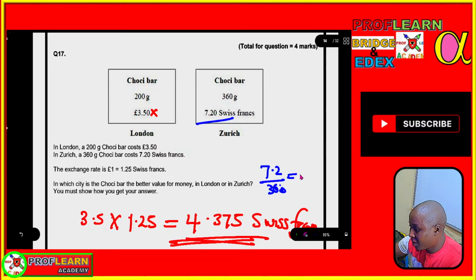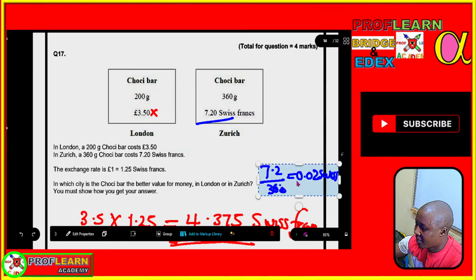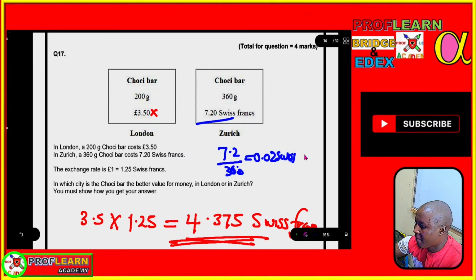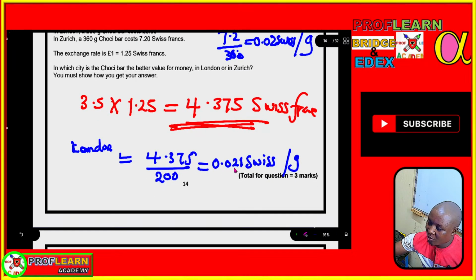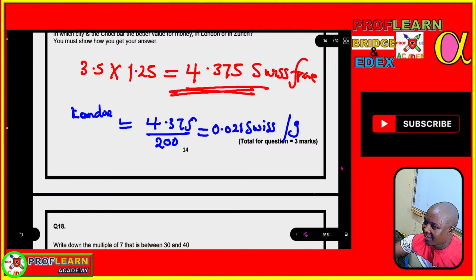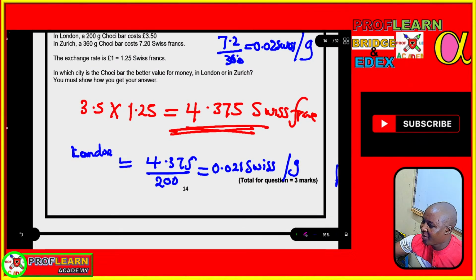It's going to be 0.02 Swiss francs per gram, and this is in Zurich. Okay, so this is 0.021 per gram, but this one is 0.02. So where do we have a better value for the money?